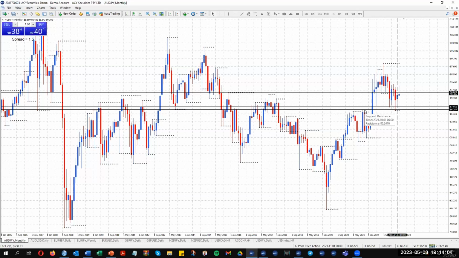So even though the higher time frame trend on this pair is down to a lower bottom, to a further lower bottom, there's a minor top here. I mean, we could be putting in a further minor top here as well this month.